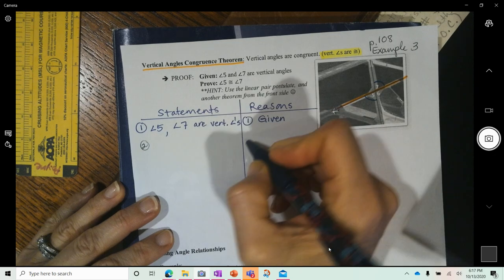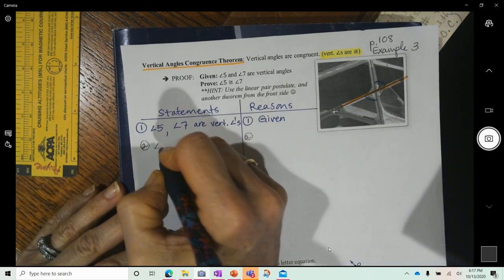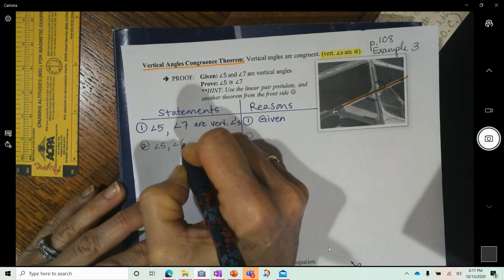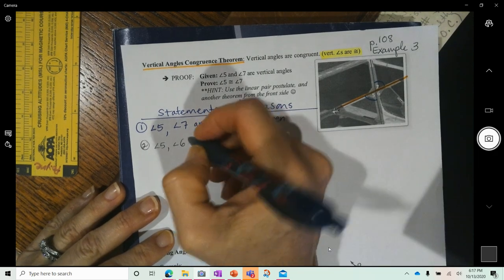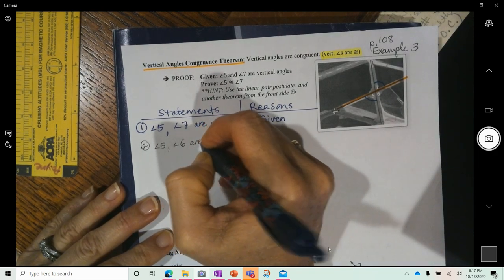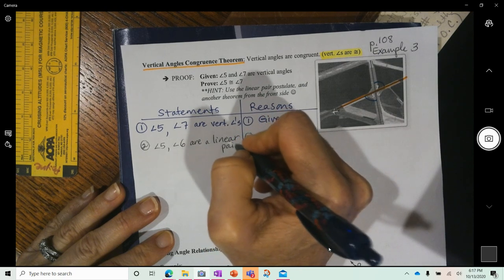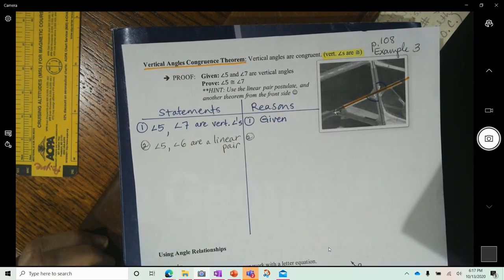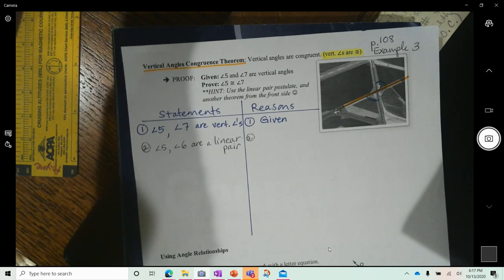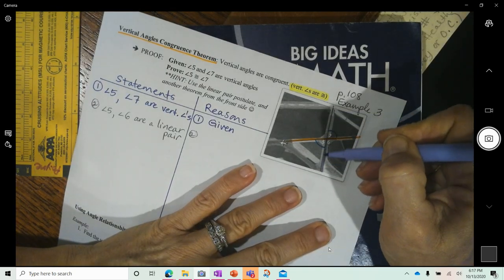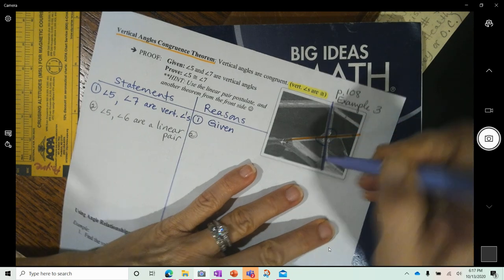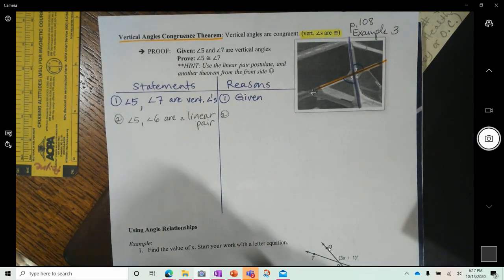So for my next step, I'm going to write angle 5 and angle 6 are a linear pair. We defined that a long time ago. But I also know by looking at this that this straight line is a linear pair.